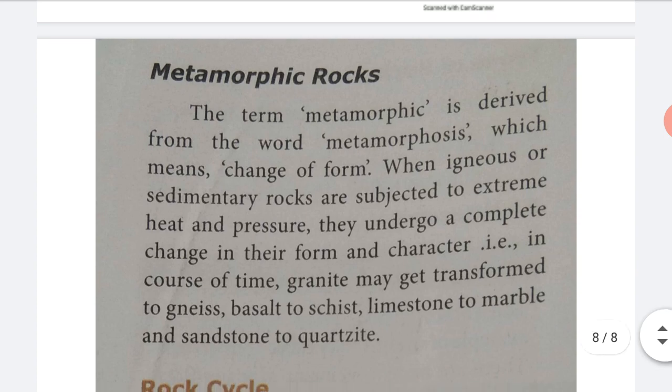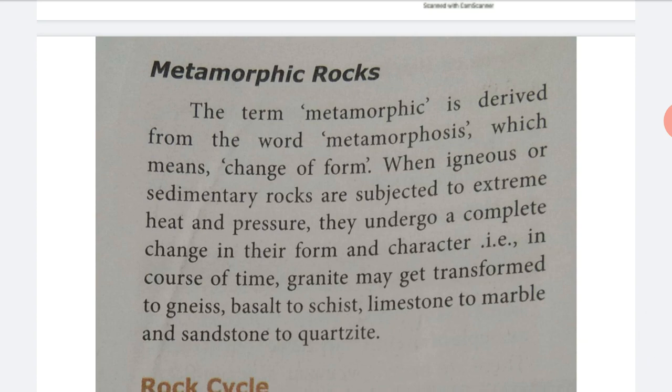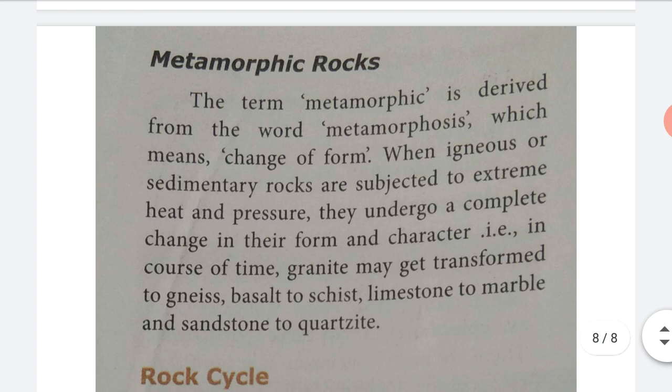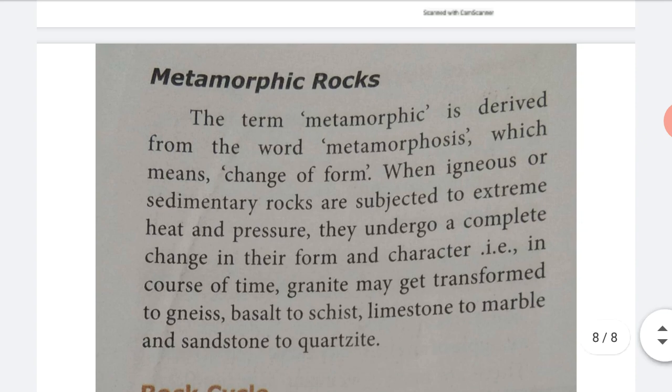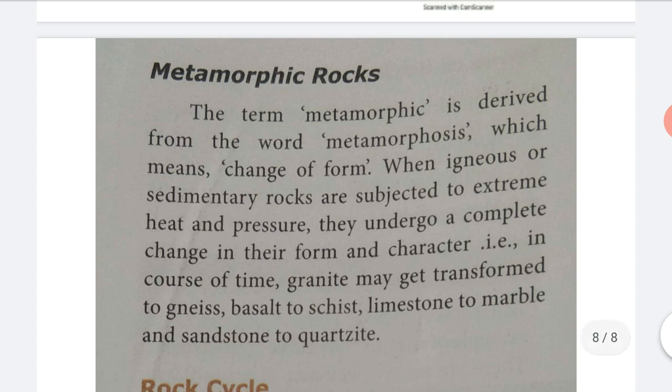What are the examples? Granite may be transformed to gneiss, basalt to schist, limestone to marble, and sandstone to quartzite. These undergo a complete change in their form and characteristics.